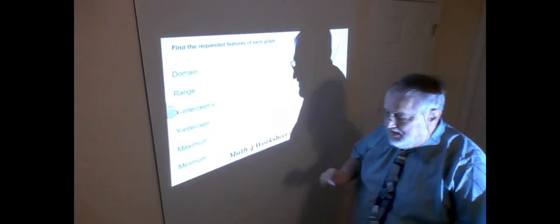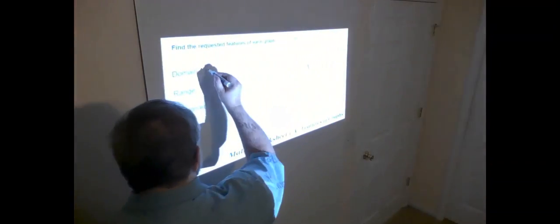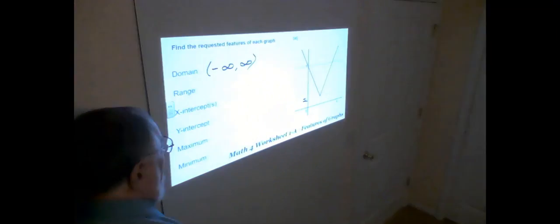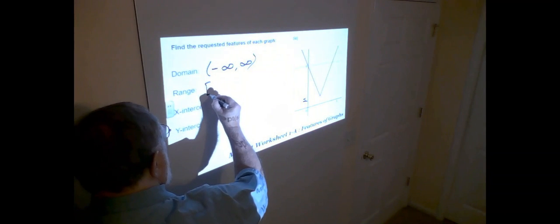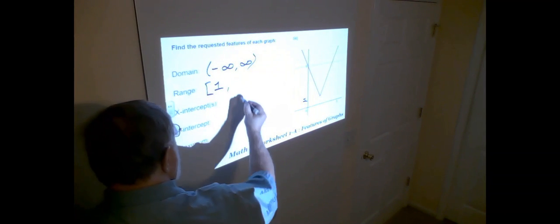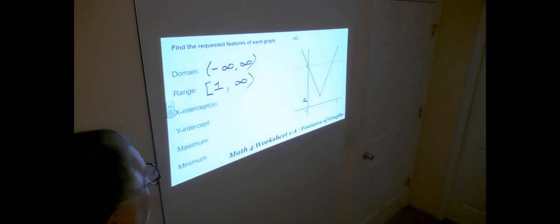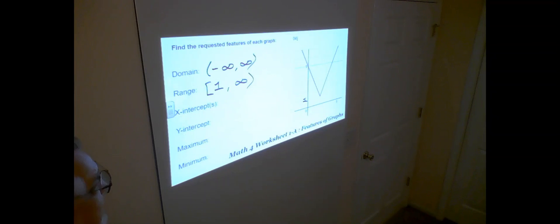And so that means the domain is going to include everybody. The range never gets below +1, and it does touch +1, so it gets a bracket, and then infinity on the other end.